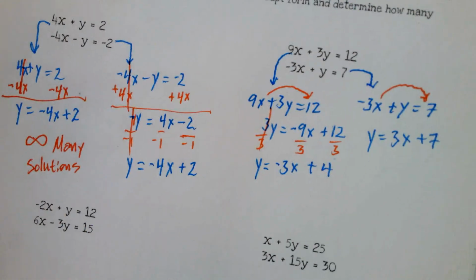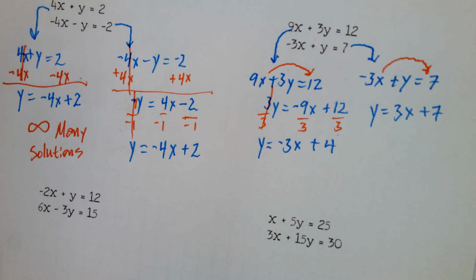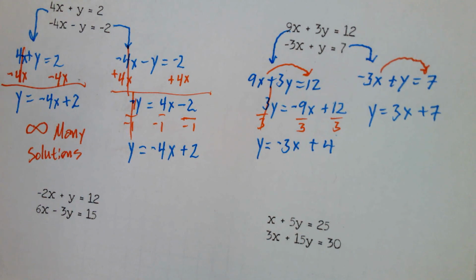If it moves over, it goes from negative 3x to positive 3x. And this one, we get an answer real quickly because do you notice it's already in slope-intercept form now? It has y equals. That's our goal. So all we had to do was move it over, and we have a slope and we have a y-intercept.